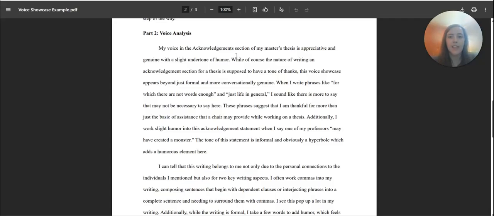As I explain how my voice sounds, I kind of chunk out each element. So I explain that, of course, the nature of this project is that I'm going to sound appreciative because it's a thank you note, basically. But I do also say that my voice is genuine, and I point out really where I feel like that rings true when I say phrases like, "for which there are not words enough," just life in general.